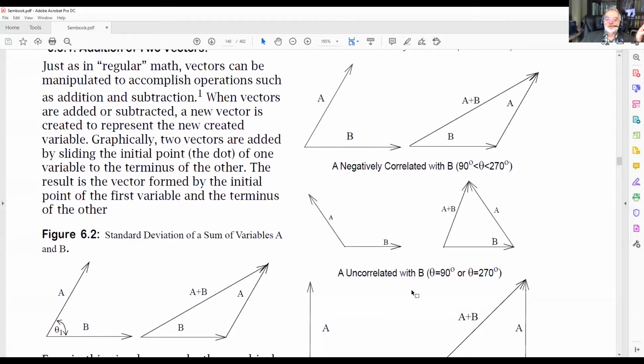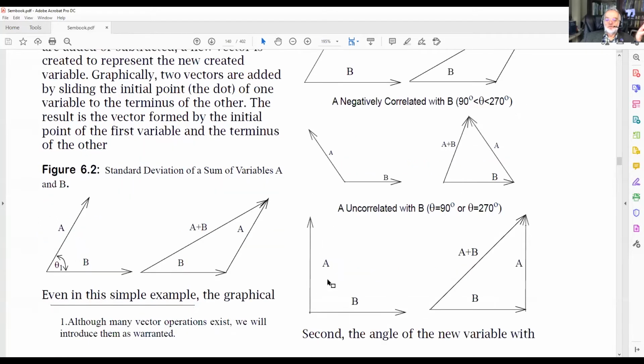And similarly, the length of the sum of two orthogonal variables is this. Is that working?